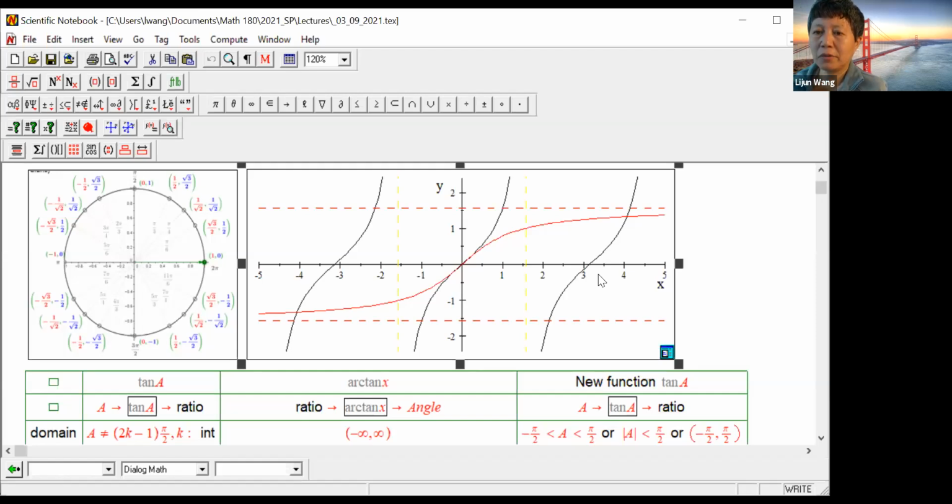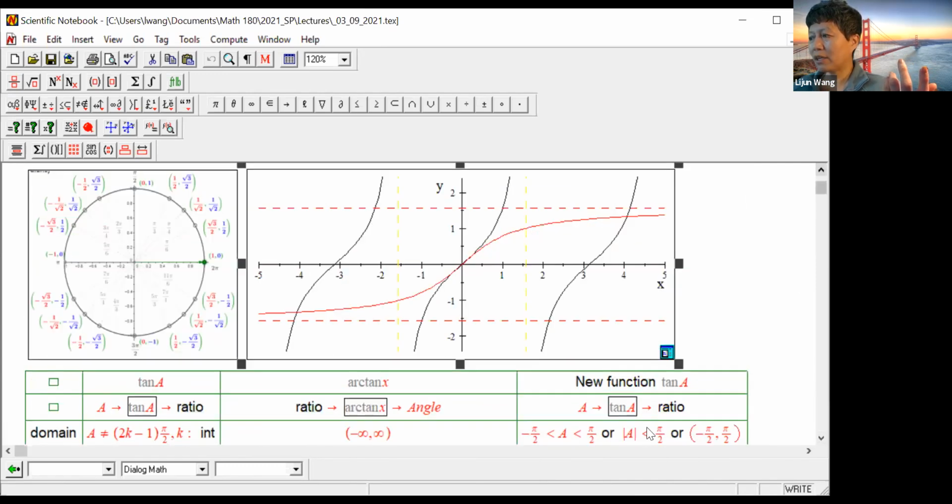So now it's time for you to mark some points. And also, we need to look at the unit circle on the left. If the new function is defined as such, remember we also reflect on the unit circle, right?